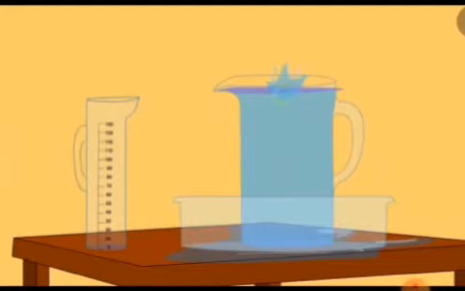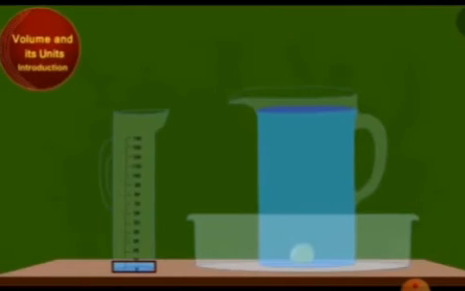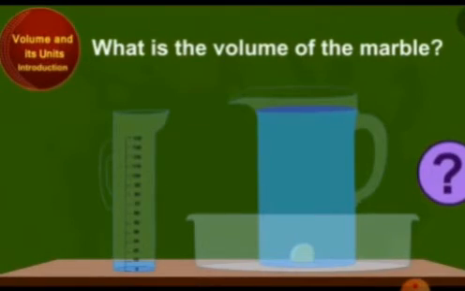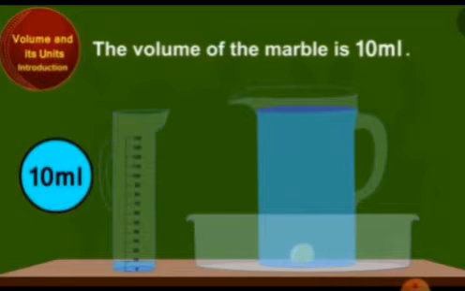Now whatever water spills out, we once again pour in this measuring glass. Now here the water level is 10. So what is the volume of the marble? Yes, the volume of the marble is 10 ml.